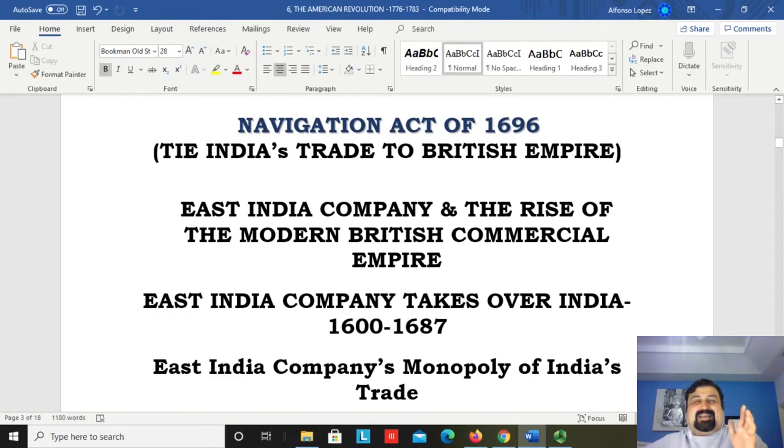By 1687, India has become a colony of Great Britain, so all of the spices and all of the products that India generates year by year are now going to flow towards Great Britain.